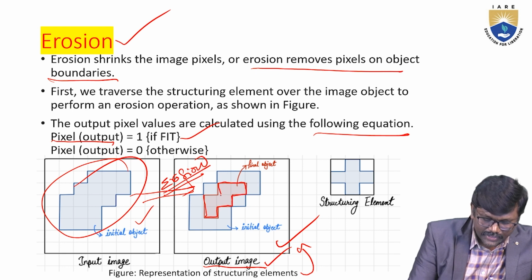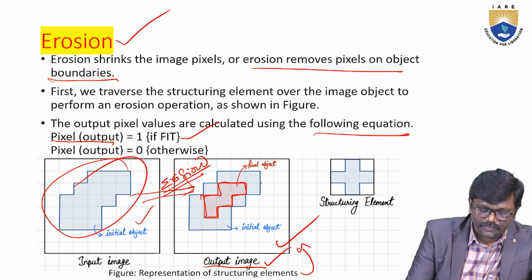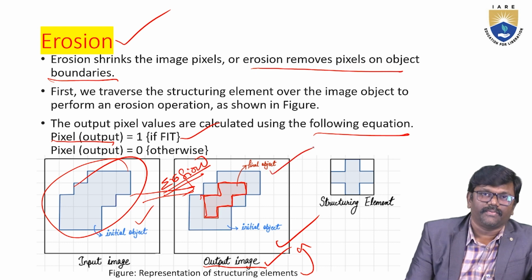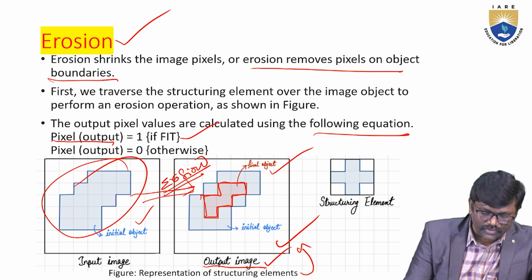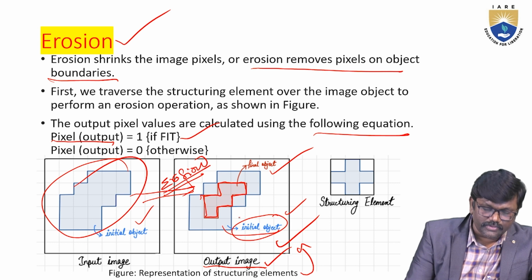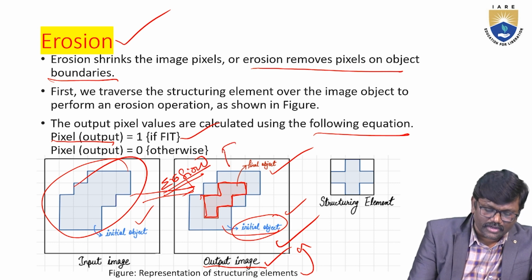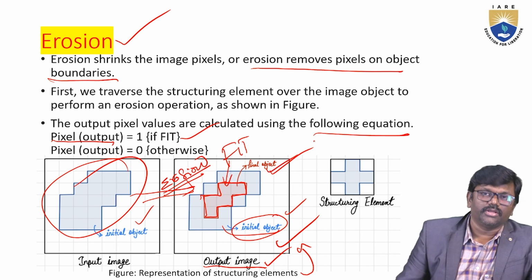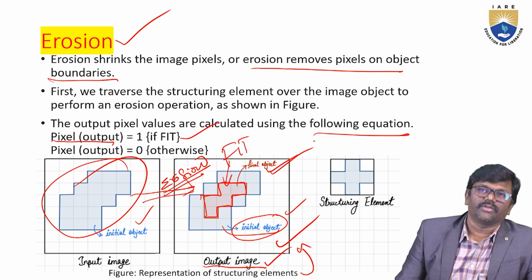This part will be the final objective part. The remaining things will be removed automatically. So that is what we call the initial objective, where you fit your structuring element, and we apply that and get your final result. That is the process of erosion.